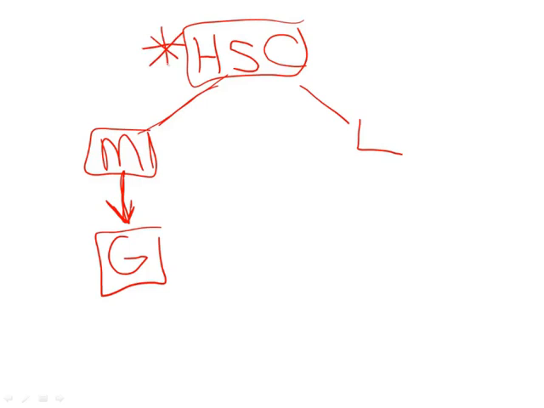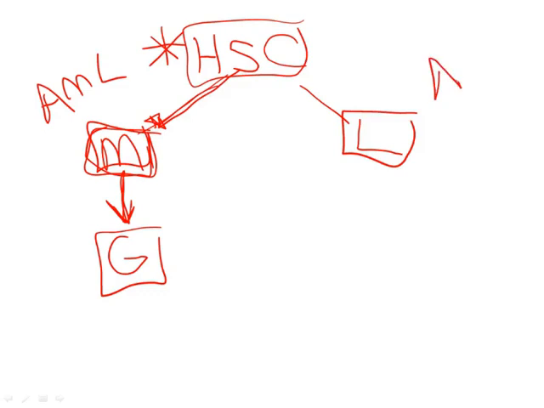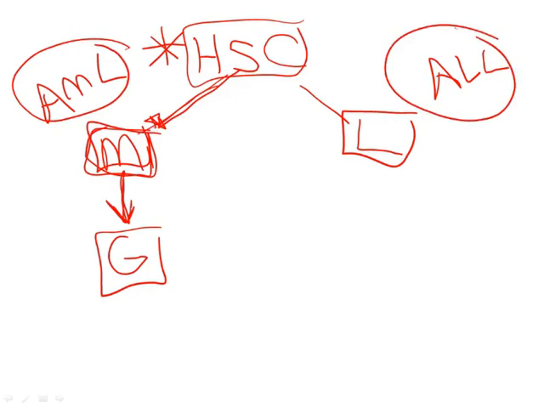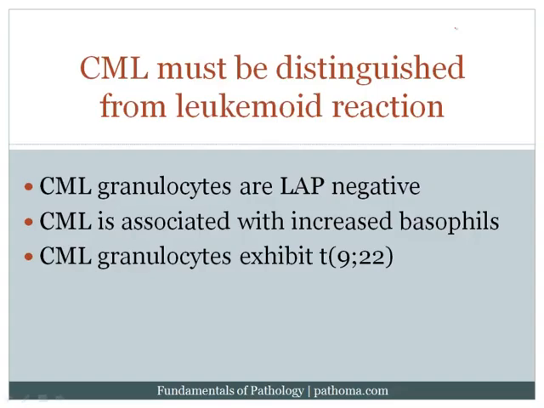And that is why when patients actually develop a transformation to acute leukemia, they can develop a transformation where they begin to pile up these cells, which would result in an AML, or they could develop a transformation where they begin to pile up these cells, which would result in an ALL. And that's a very important principle to remember, that patients who have CML can transform to either AML or to ALL.